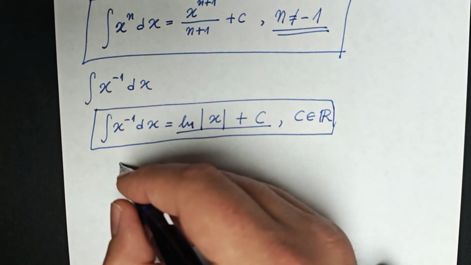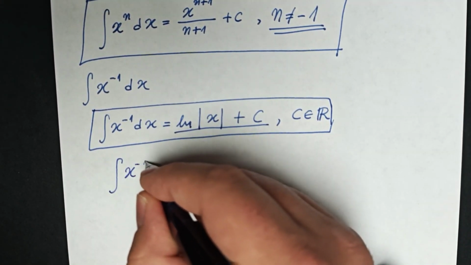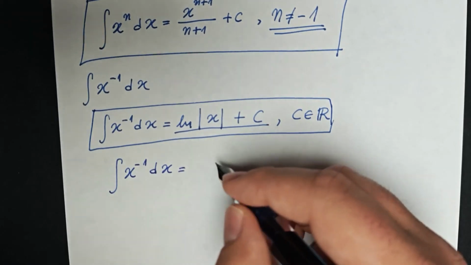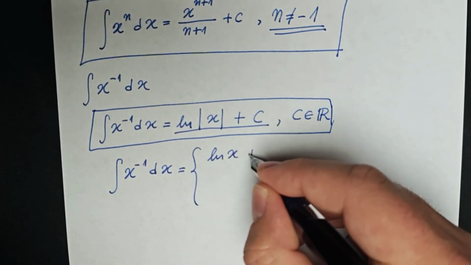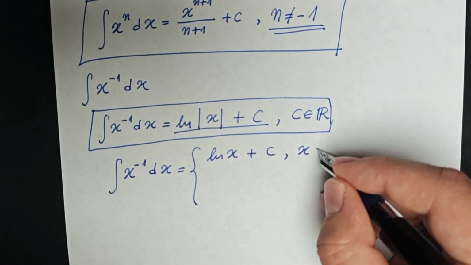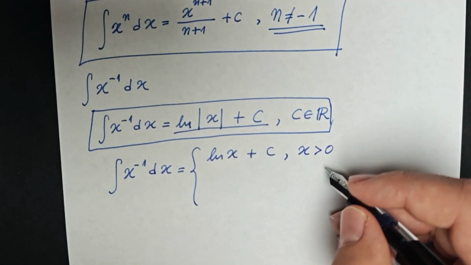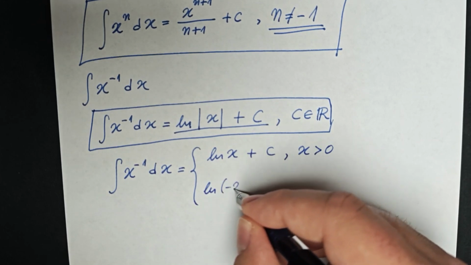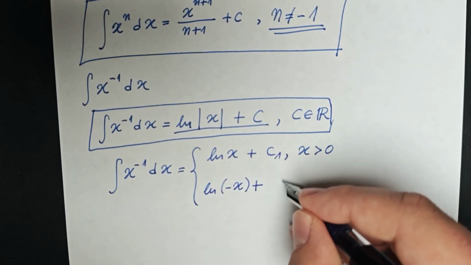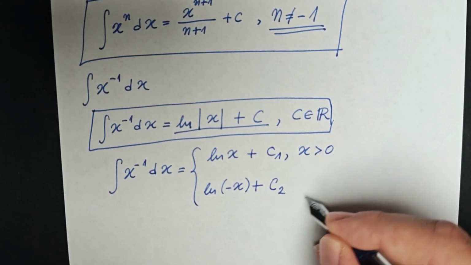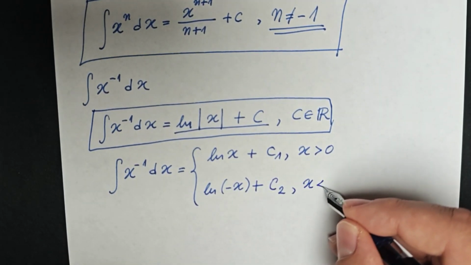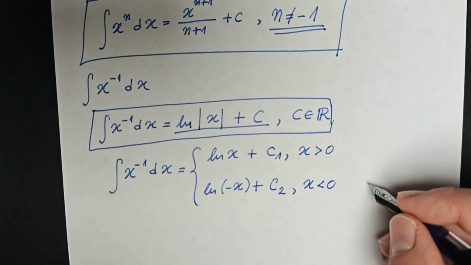It's more like that an integral of x to the power negative 1 dx branches out into two cases: ln of x plus c, where x is larger than 0, and ln of negative x plus some different constant. Let's call this constant c1, and this constant here c2, for x smaller than 0.